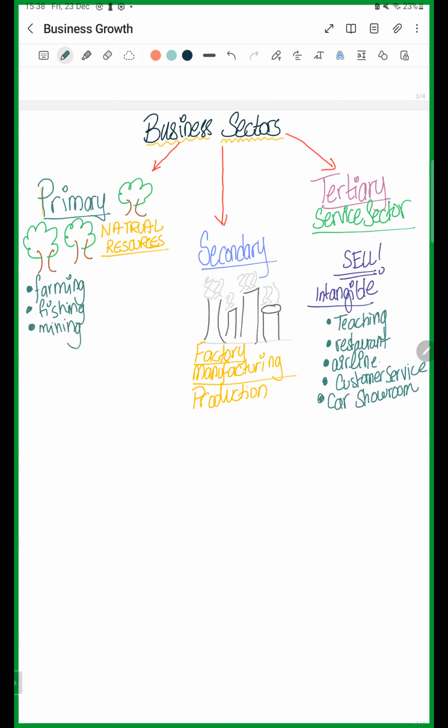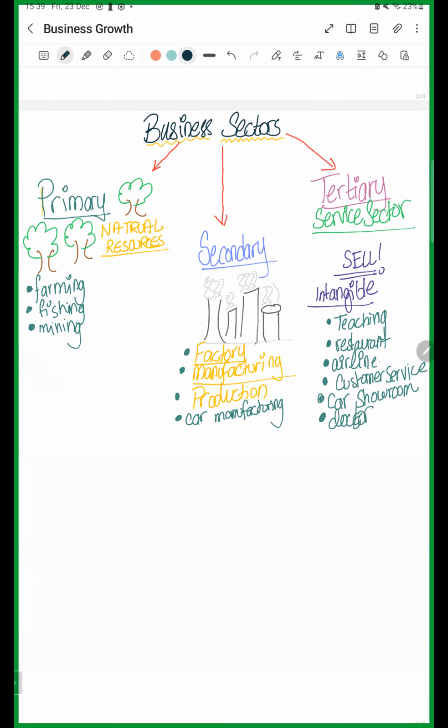Okay, yep, I got that. What else for secondary? Is it like car manufacturing? Yeah, that's all I could think for secondary. No worries. And then for tertiary, there's teachers, doctors, and hairdressers. Perfect. Now we know the difference between these three.